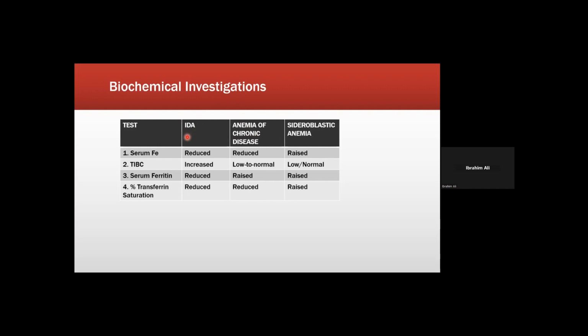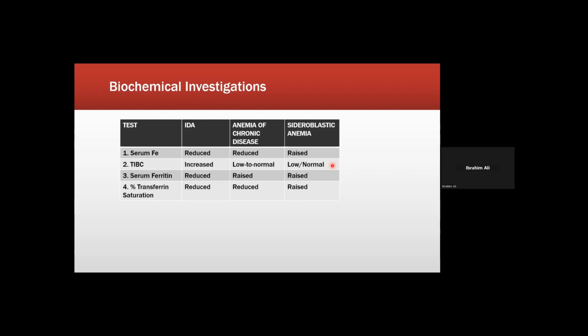So for iron deficiency anemia, everything is reduced apart from TIBC. But sideroblastic anemia is the opposite of iron deficiency anemia, which means everything is raised except TIBC. So you have to be smart in cramming or getting this thing right.